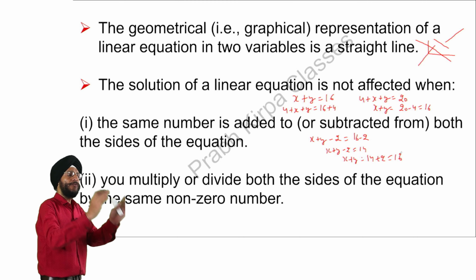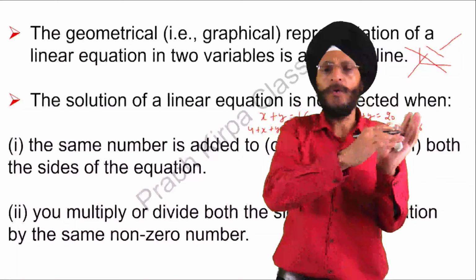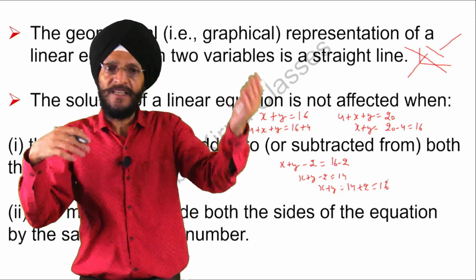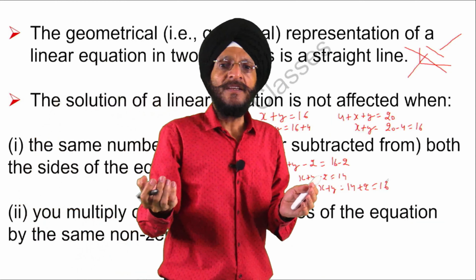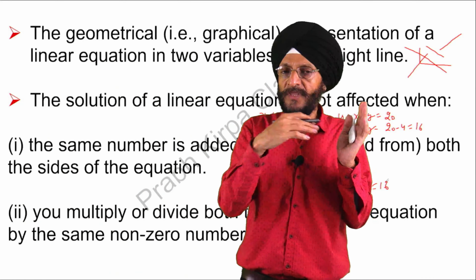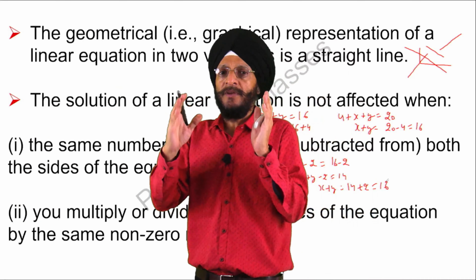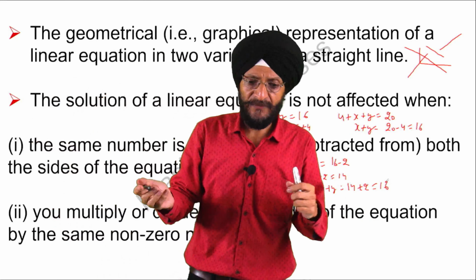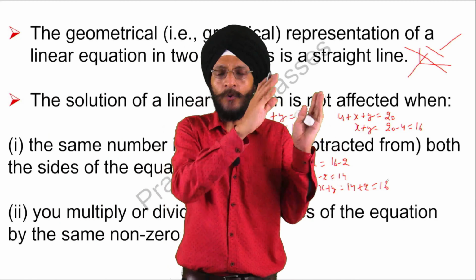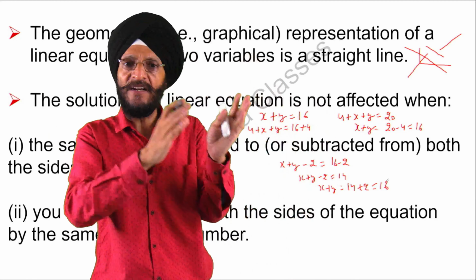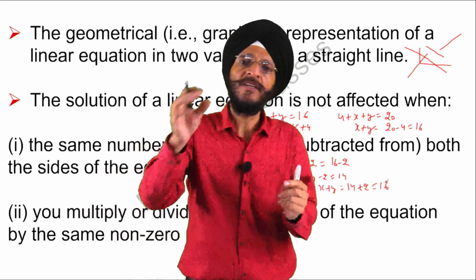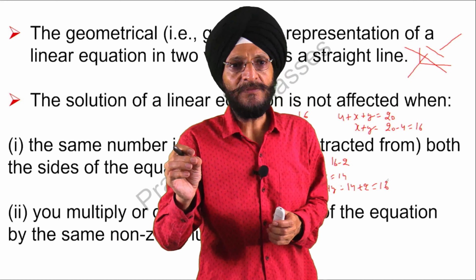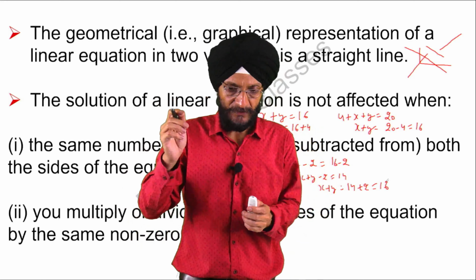That is, if we add the same number or deduct the same number from both sides of the equation, that is the left hand side and the right hand side, no effect is made on the linear equation. In the same way, if we divide both sides of the equation by the same number, then it will also have no effect.